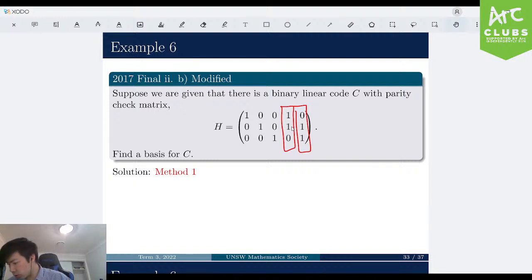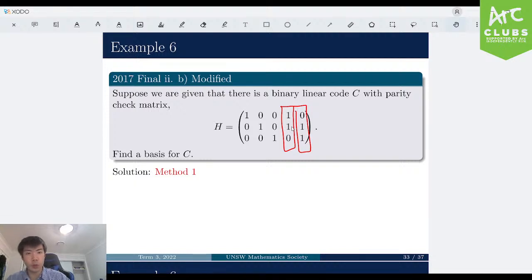So you have these two dependent columns, and so you know that there'll be two vectors that form the basis for all of the code words, because again, only the information bits convey the information. The check bits are just forced to be what they are, given your information bits.